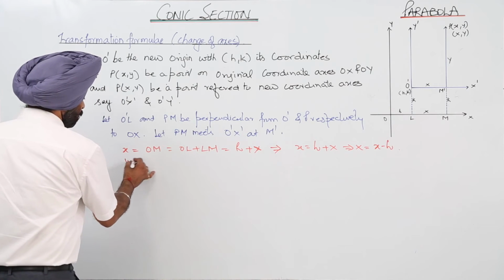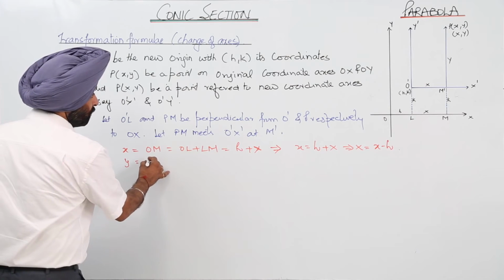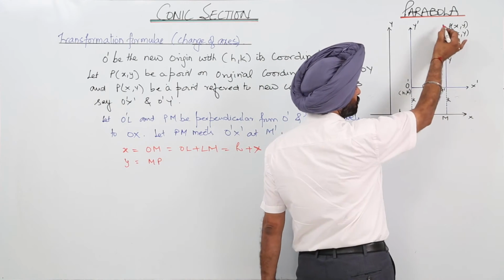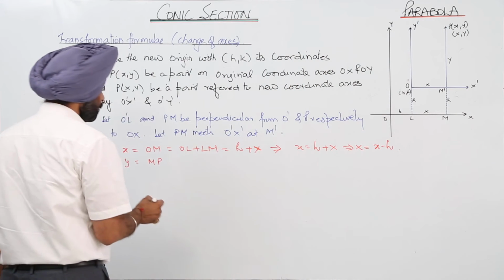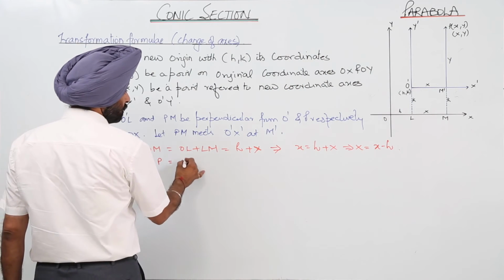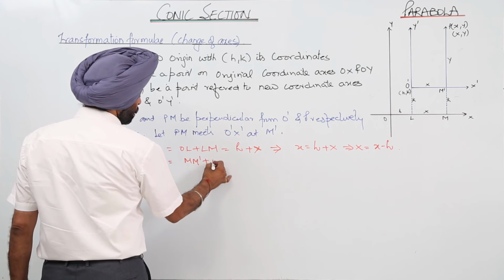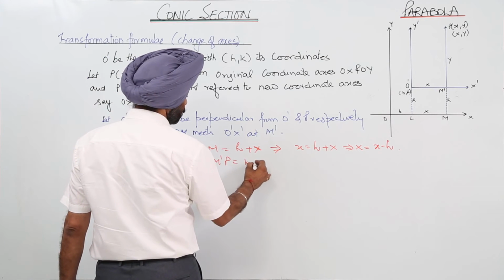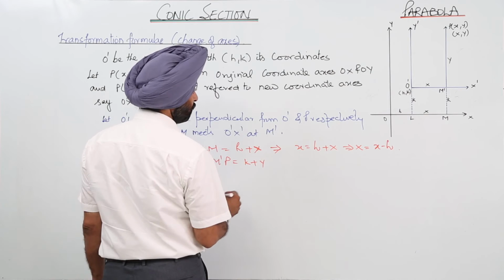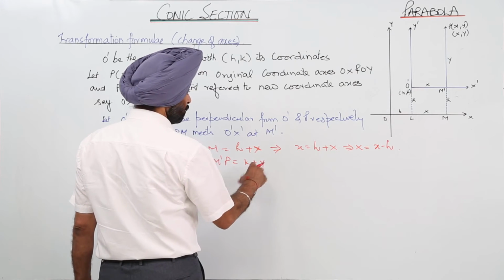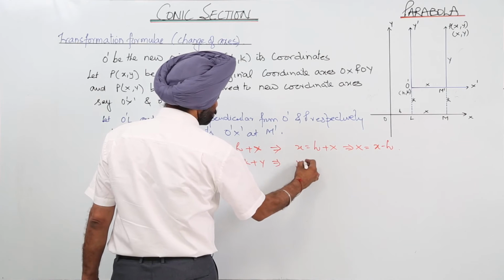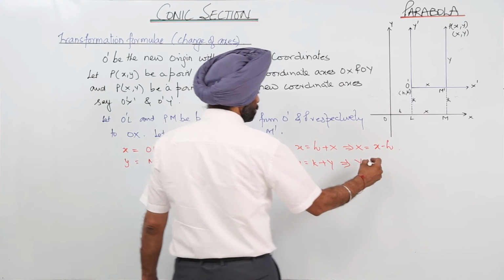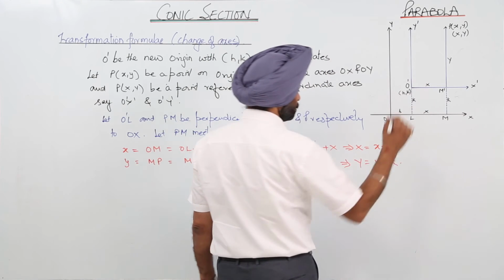Similarly, small y is equal to MP. Now MP can be written as MM dash plus M dash P. Now MM dash is k, plus capital Y. So y is equal to k plus Y, and capital Y is equal to y minus k.